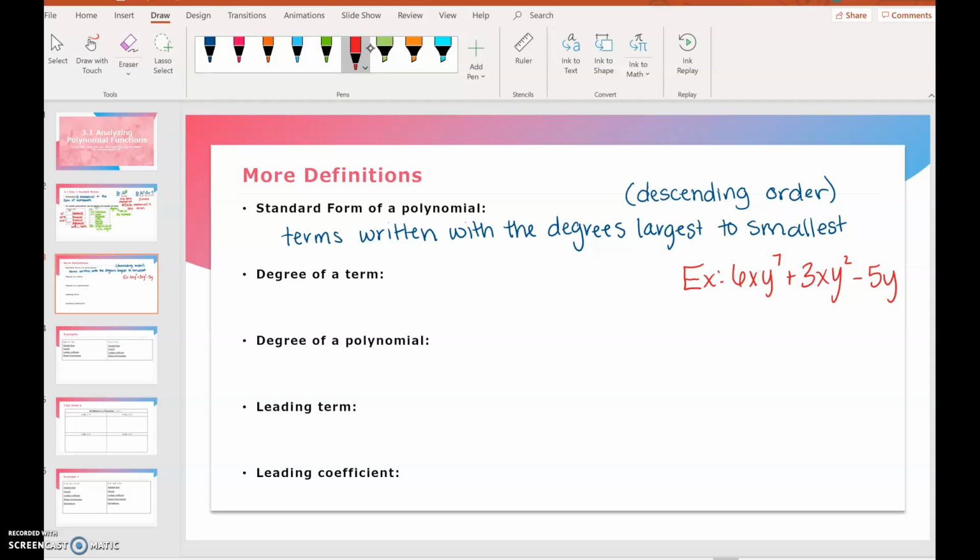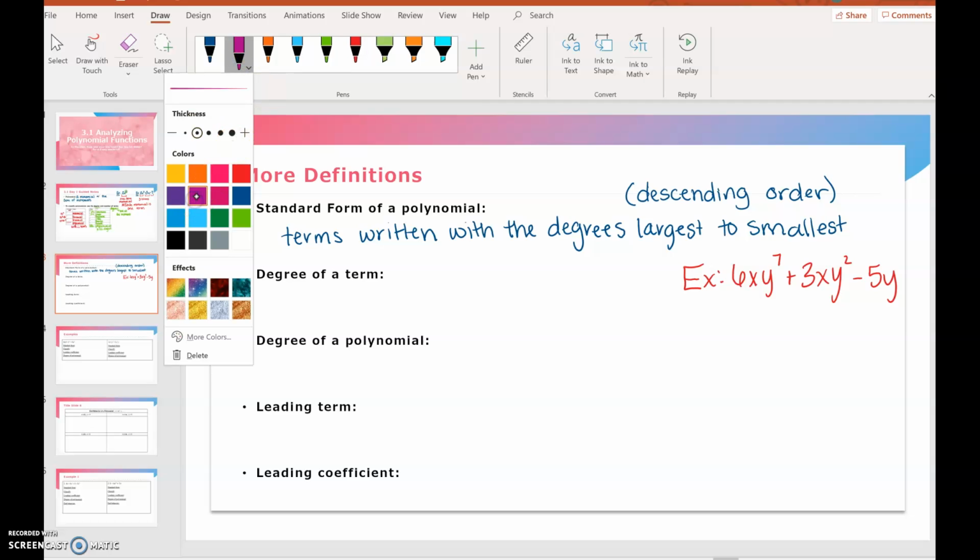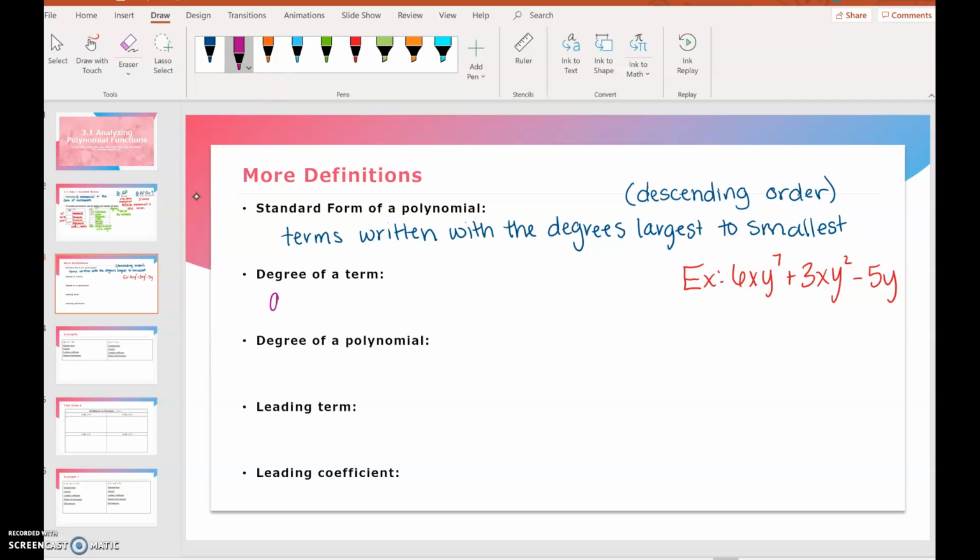So when I'm trying to find the degree of a term here, I'm going to change to purple. I'm adding all the exponents in that term.